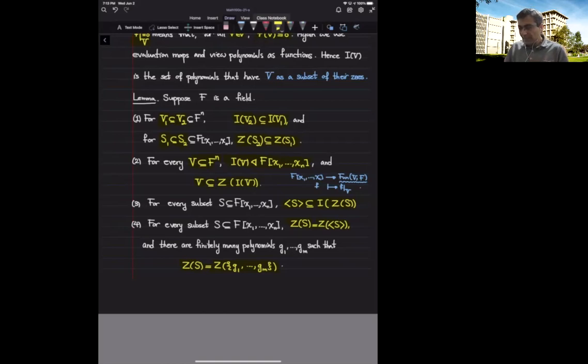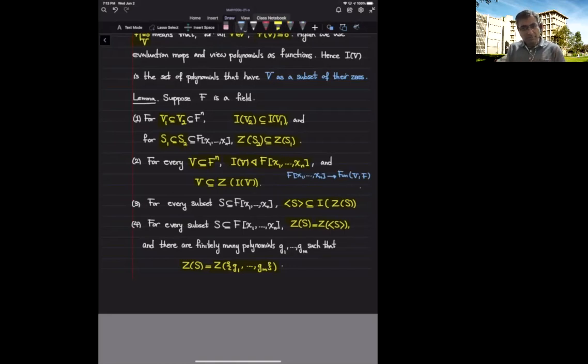This means I'm taking a polynomial, viewing it as a function on F^n, and then restricting it to V. That way I get a function from V to F. Because of the way we have defined addition and multiplication of polynomials, essentially they are pointwise addition and multiplication, so viewing polynomials as functions and then restricting to V is indeed a ring homomorphism.